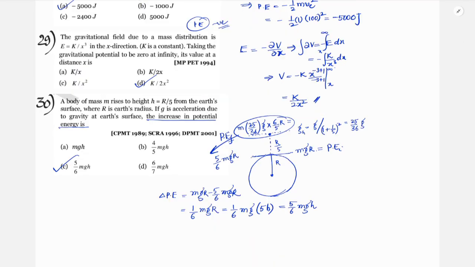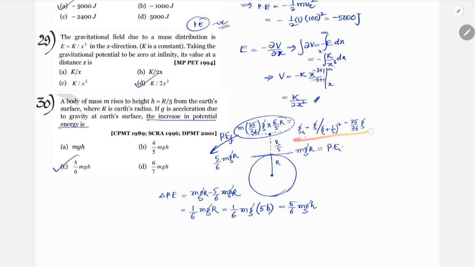A body of mass m rises to a height h equal to R by 5 from the earth's surface, where R is the earth's radius. If g is the acceleration due to gravity at the earth's surface, the increase in potential energy is? Just calculate what is the potential energy here and at the other point. It is a comparatively huge height. Now compulsorily the g value will change. Yes or no?